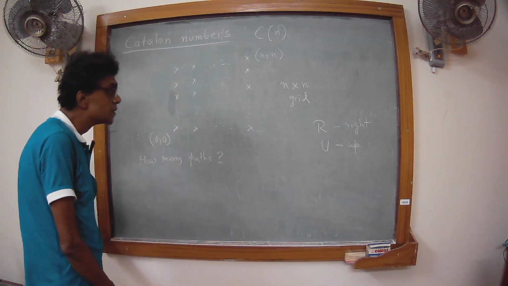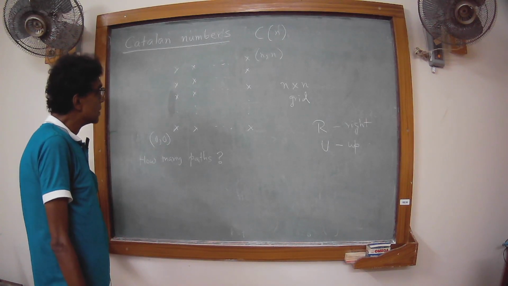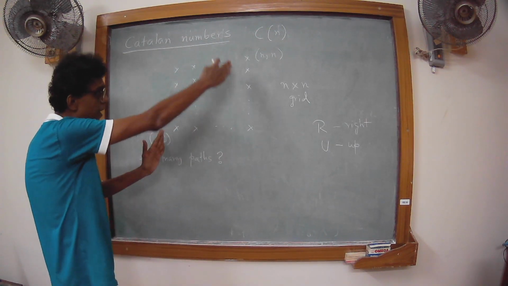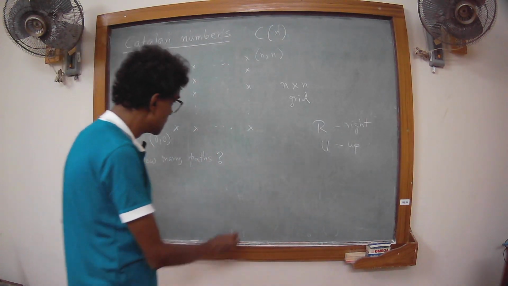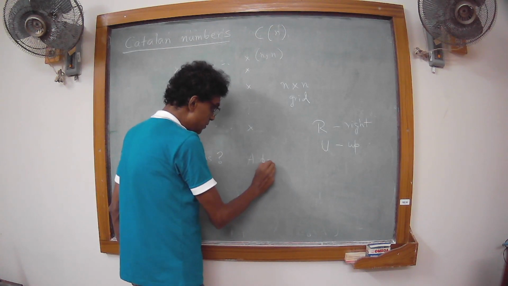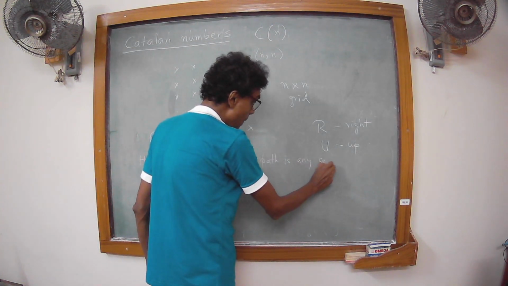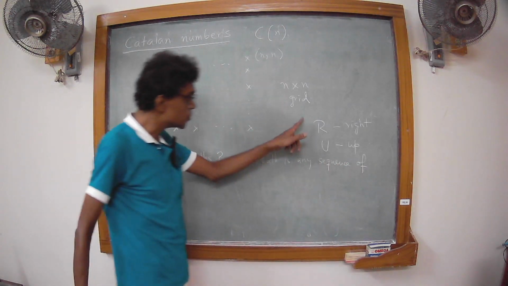This is a simpler question to answer than Catalan numbers. A path is uniquely specified by a sequence of R's and U's. How many R's should be there?